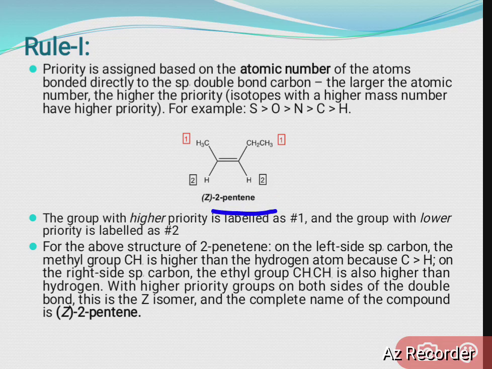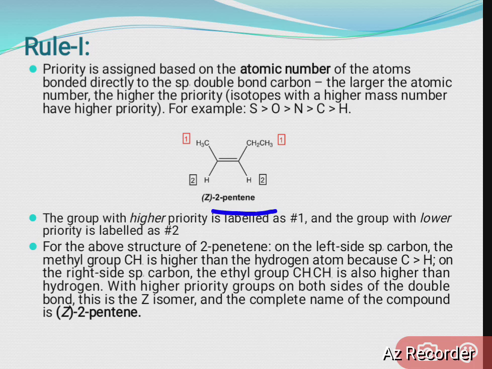Here there is a CH3 group and one hydrogen attached to one carbon atom involved in the double bond. To the other carbon atom, one is an ethyl group, the other is a hydrogen. Then consider the labeling. Whichever has the highest atomic number will get more priority.